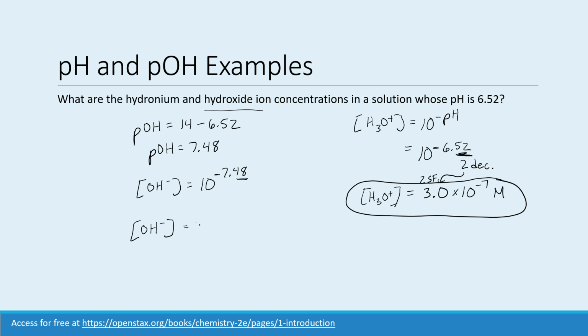And that will give me 3.3 times 10 to the negative 8th. And don't forget our units, that would be in concentration of molarity, and those 2 decimal places gave me 2 significant figures in my hydroxide ion concentration.